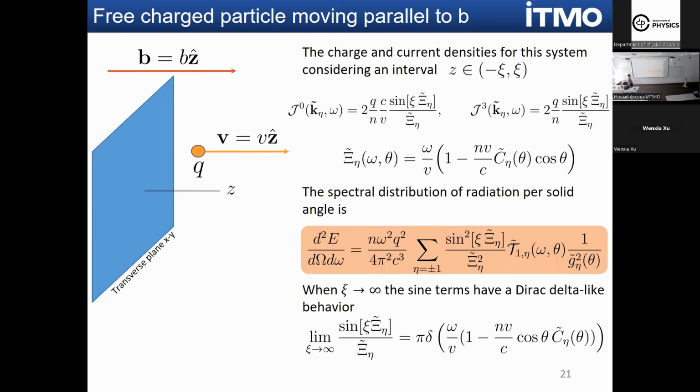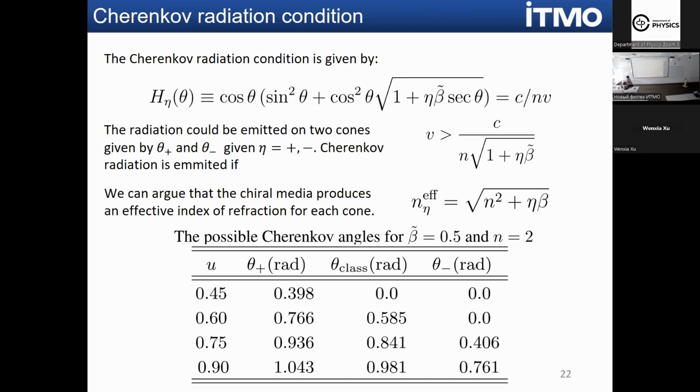One has to notice that the important thing about this distribution of radiation is that these terms, when you make the parameter psi go to infinity, behave like a Dirac delta. So they give us the direction of the radiation. And so we have two different directions of radiation. This gives us the Cherenkov radiation condition given by the C function that we presented earlier, maybe you remember.